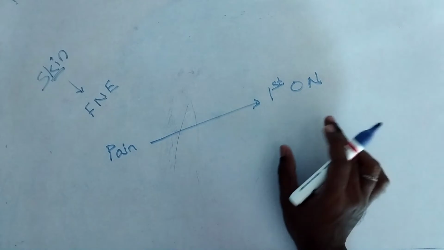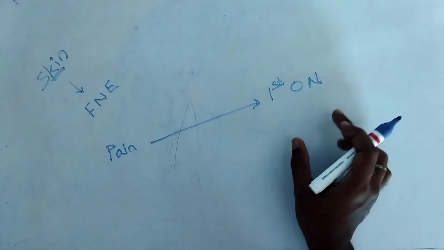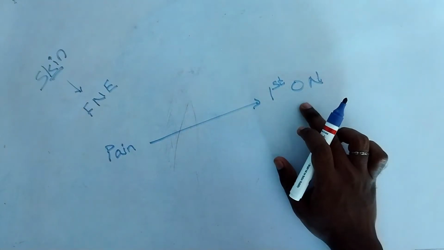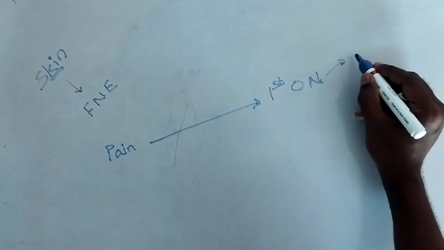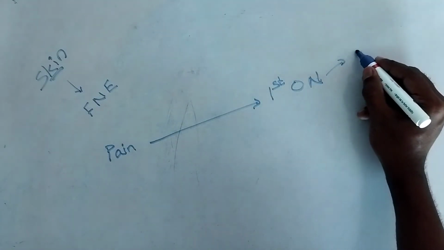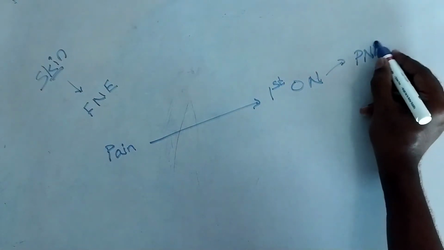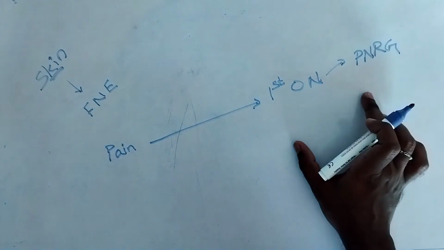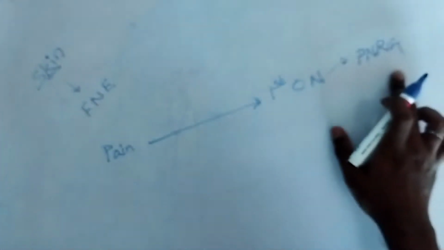That means the first order neurons are the cells that are present in the posterior nerve root ganglion.